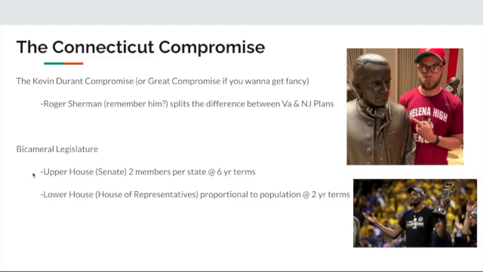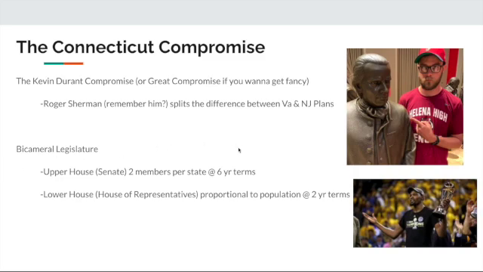We will create an upper house, the Senate. 2 members per state. No ifs, ands, or buts about it. Doesn't matter if you are the biggest state by population, the smallest state by population, you get 2 representatives. And you're going to serve there for 6 years. By serving there for 6 years, we will talk about this at length this year, you will be sort of immunized against the fickle will of the people.